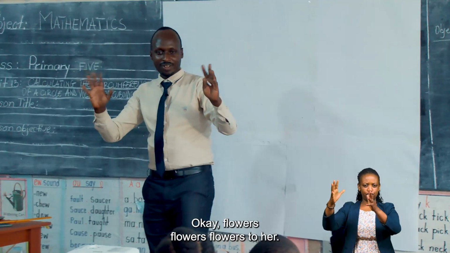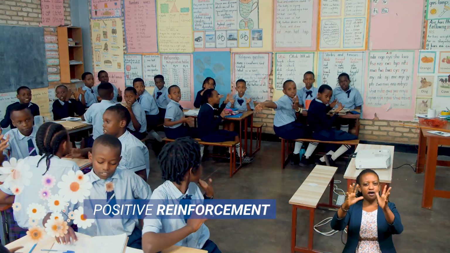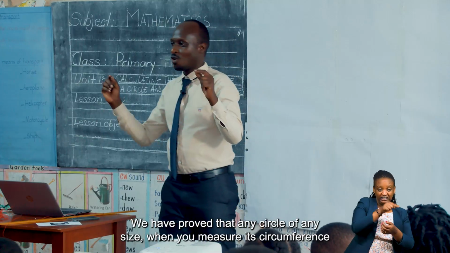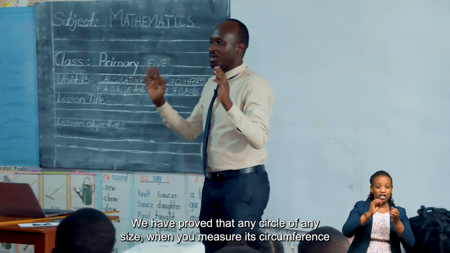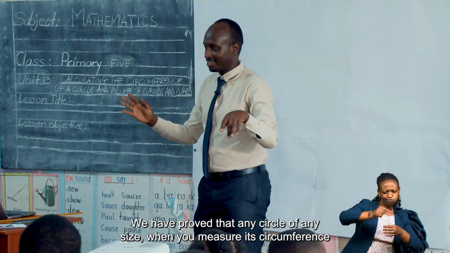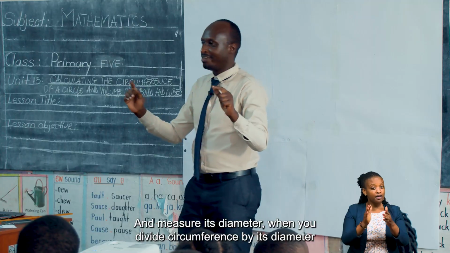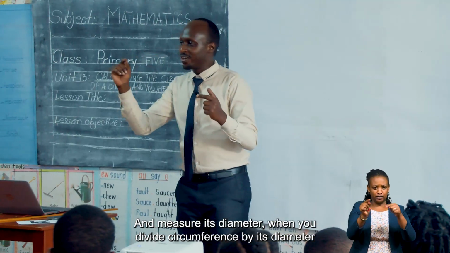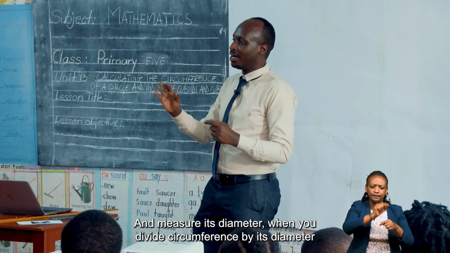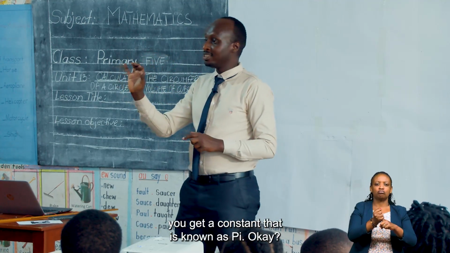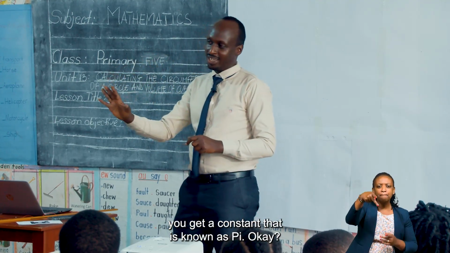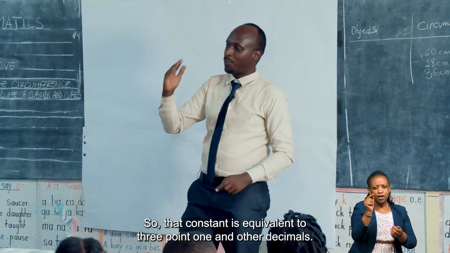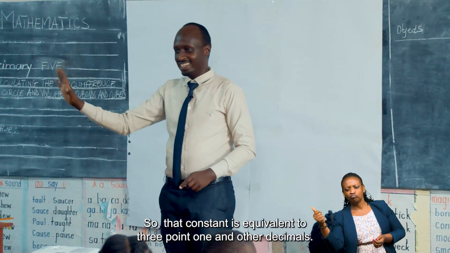Okay, flowers to her. So we have proved that any circle of any size, when you measure its circumference and measure its diameter, when you divide circumference by its diameter, you get a constant that is known as pi, okay? So that constant is equivalent to 3.1 and other decimals.